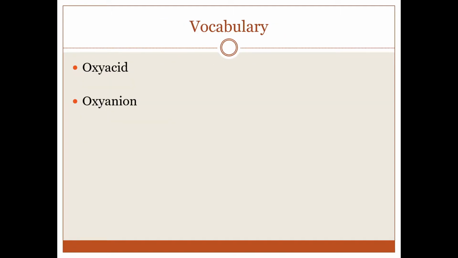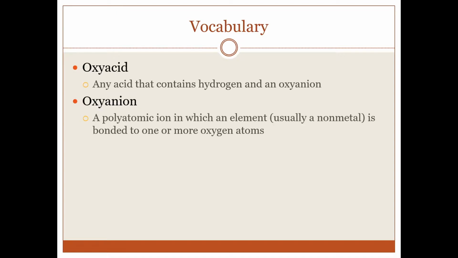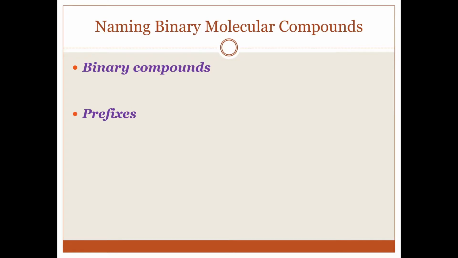Here's our vocab. Oxyacid: any acid that contains hydrogen in an oxyanion. An oxyanion is a polyatomic ion in which an element, usually a nonmetal, is bonded to one or more oxygen atoms. Naming binary molecular compounds.